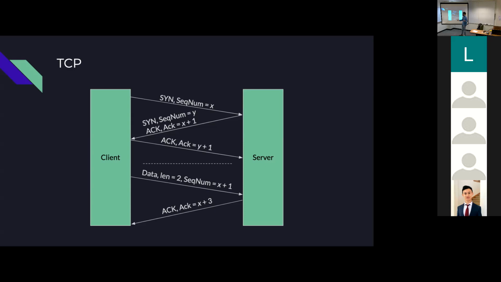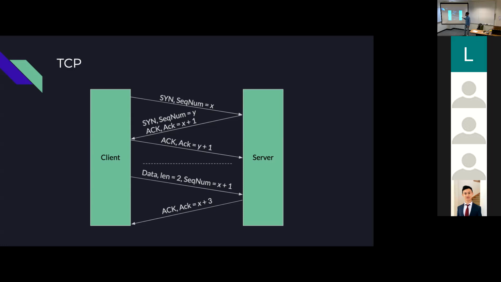Basically says, hello, I would like to initiate a TCP connection, and I'm going to start using this sequence number. So remember that because TCP provides ordering as well as reliability, it needs to have some numbers attached to its packets so that you can reorganize the packets when you receive them out of order. So it says, hello, I would like to synchronize the sequence numbers. I'm going to start with X.